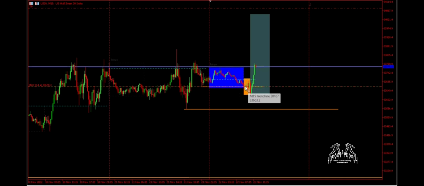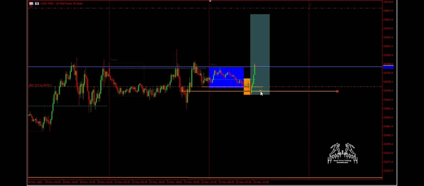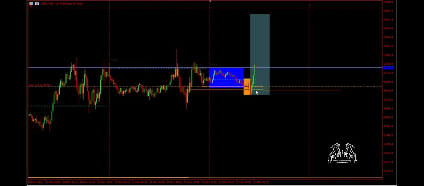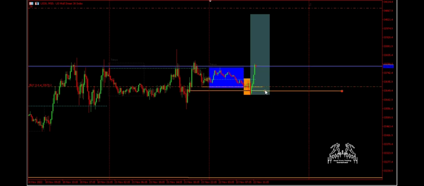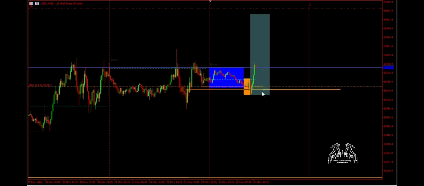The area that I was targeting for entry is this order block. You see this order block, the last bearish candle on this swing low, it's your order block. This is where you want to take the trade, and that's where I took the trade.